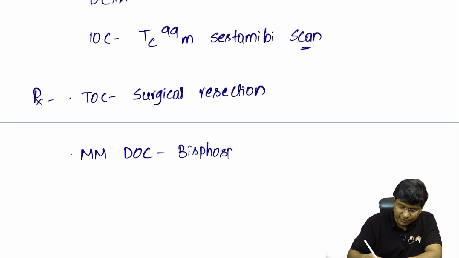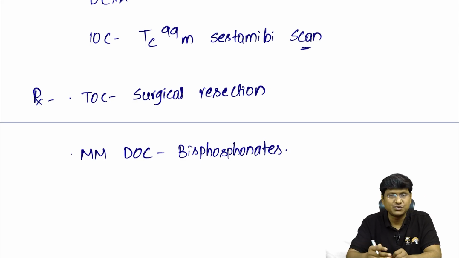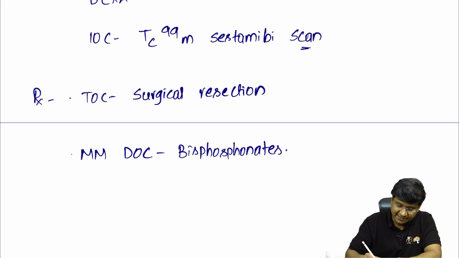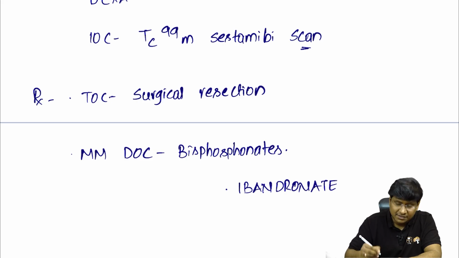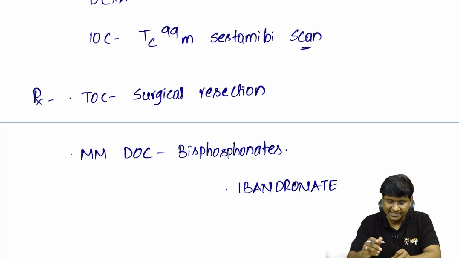So you need to give bisphosphonates, which decrease the bone resorption. These drugs include ibandronate, or the other important substances, alendronate or zoledronic acid, can be given.